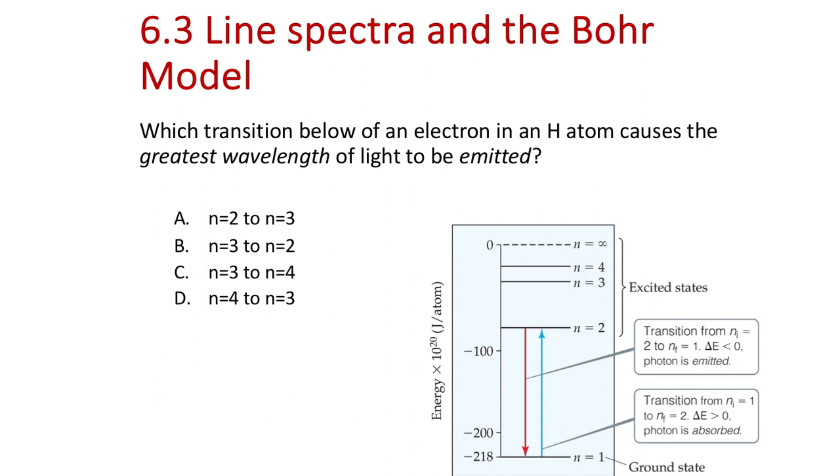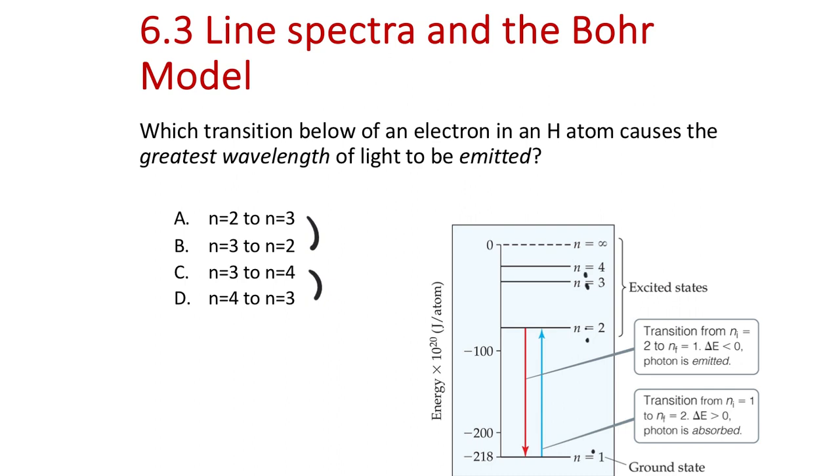Okay, so now here we can try to look at this question where it's asking which transition below for an electron in an H atom causes the greatest wavelength of light to be emitted. So we have a couple choices here. We're choosing between 2 to 3 or 3 to 2, and 3 to 4 or 4 to 3. And so we're just looking at our relative energy differences of 1 to 2 being greater, 2 to 3 being lesser than 1 to 2, and then 3 to 4 being even lower.